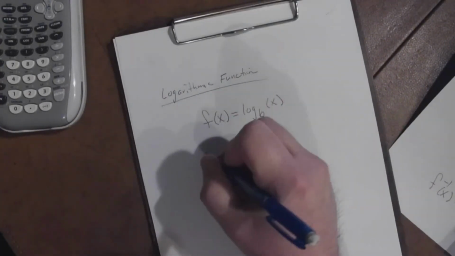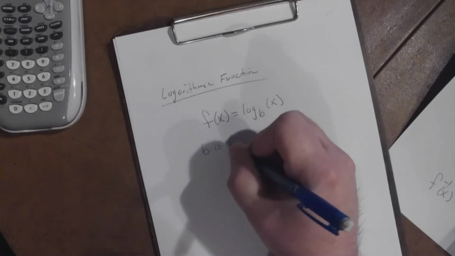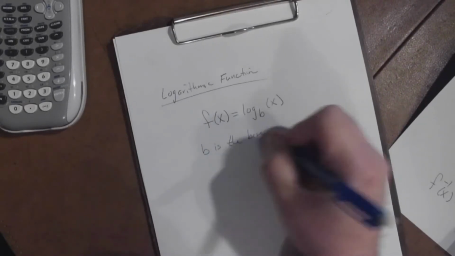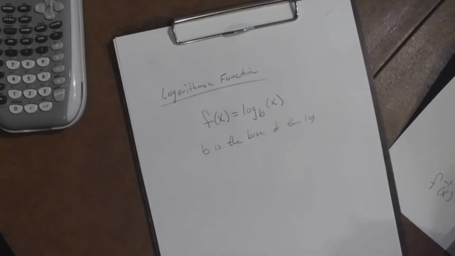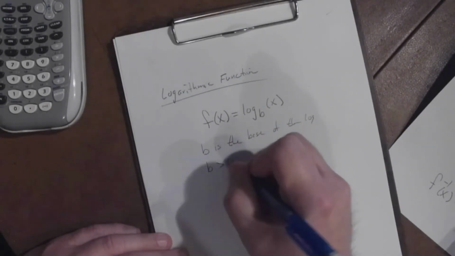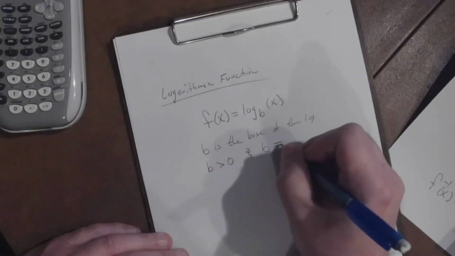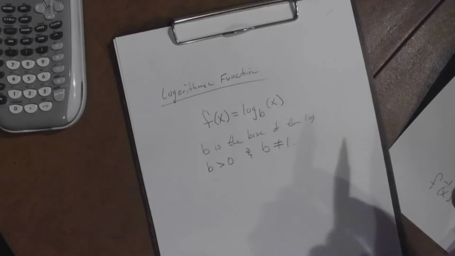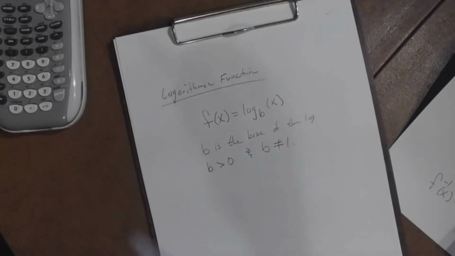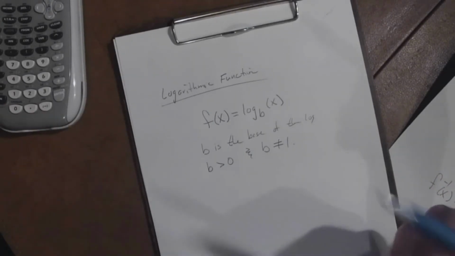And again, b is known as the base. It's called the base of the log, or the base of the logarithm. Again, b has to be greater than 0, and b is not allowed to be the value of 1, in order to have what we call logarithmic behavior illustrated.